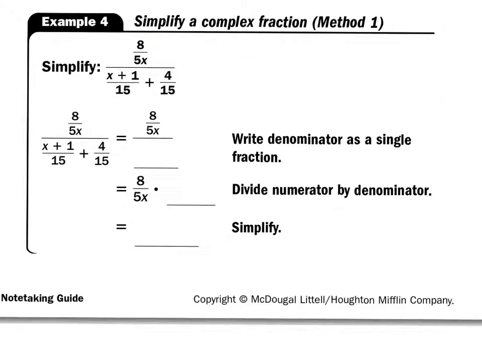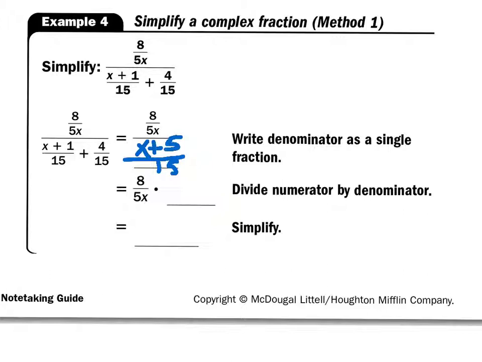So example 4. Simplify this. Okay, we have two fractions down here. We need to make that 1 before we can work with it. So I'm going to look at the common denominators. They are common, so I can just add the tops. So that would be x plus 5 over 15. Now, remember how to divide fractions?